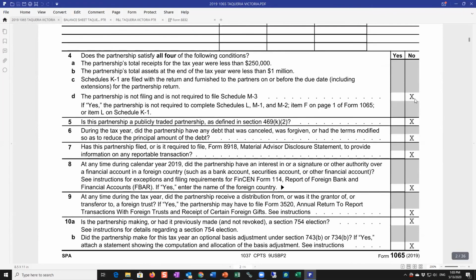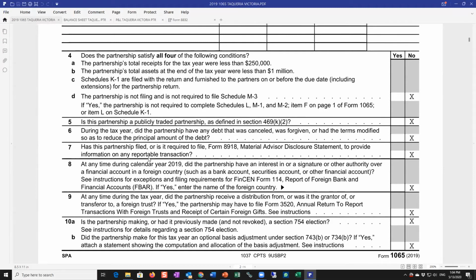So the answer is no. What that does is that if I don't qualify for answering yes to question number 4, I have to disclose my balance sheet. That's what it amounts to. And we will get to that when we get to that page. But in this case, since I don't qualify, that means that I do have to disclose my balance sheet.